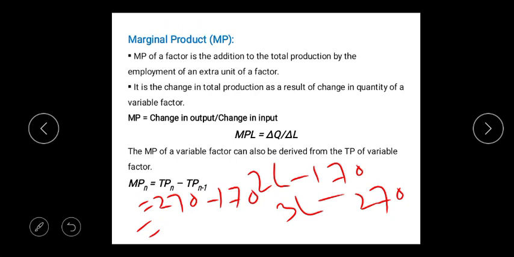Now we will get the result, which is equal to 100, which means 100 quintals of rice is the marginal or the additional product of the third worker. So in this way we can calculate the marginal product of a variable factor from the total product of that very factor.